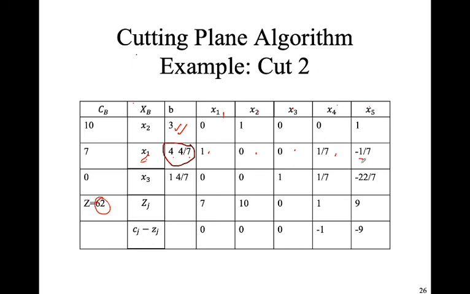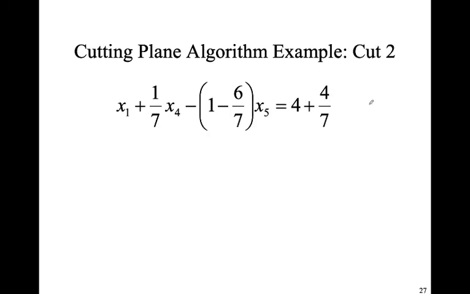And since this x5 is the negative one, we have to make it positive. We have to take the complement of this. So minus 1/7 can be written as 1 minus 6/7. So same thing has been done here.